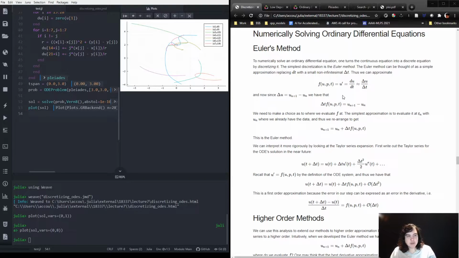You're approximating du/dt as delta u over delta t for some non-infinitesimal quantity. Since delta u is just the difference in u, you can write this out as delta t times f of u_n, which equals u_{n+1} minus u_n. This is just expanding delta u.